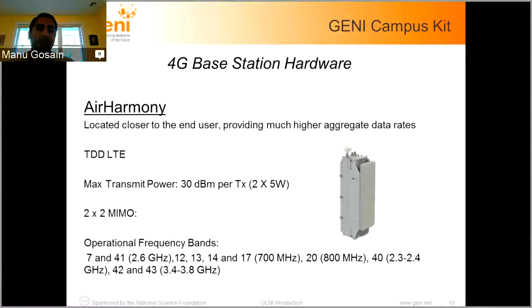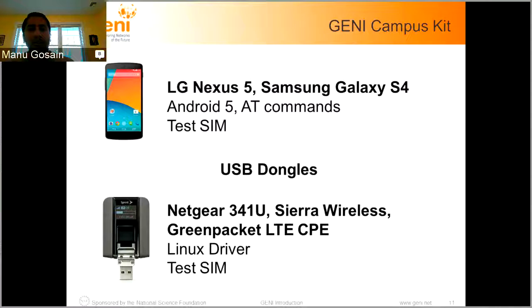It implements a MIMO technology on the antenna path, and operates on band 38 and band 41, which is where all GENI wireless equipment lives, in the 2.5 to 2.7 gigahertz space. We have a multitude of UE equipment from Android handsets down to USB dongles with Linux drivers, and we also provide test SIMs, so you don't end up interfering with commercial service providers.